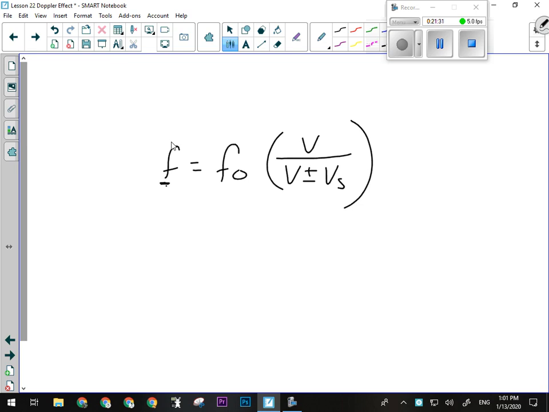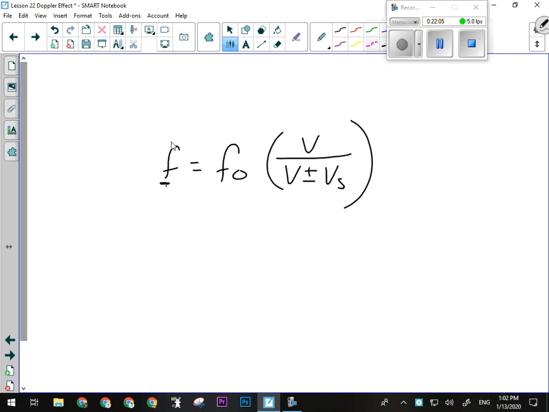If I want this number, f, to be bigger than fo, what's in brackets needs to be greater than what? 1. Okay, because I'm going to be multiplying fo by this number. So whatever's in brackets here has to be greater than 1 if I want f to be bigger than fo. That means that if the object is approaching me, I actually want to subtract, because then the number on the bottom will be smaller than the number on the top. That gives me a number greater than 1, and I'll get f to be bigger than fo.